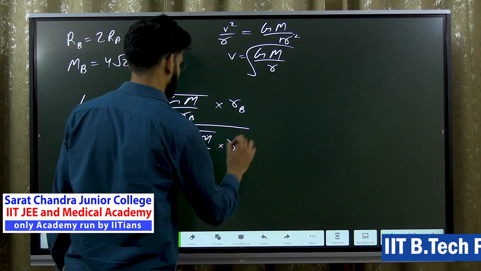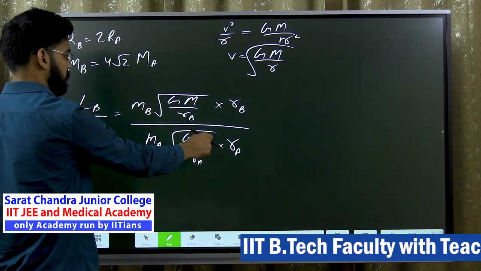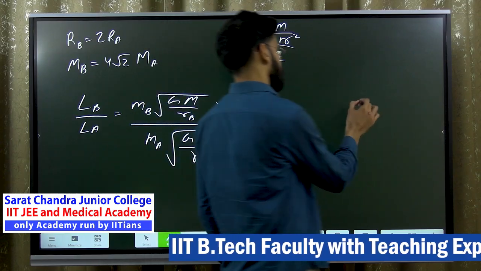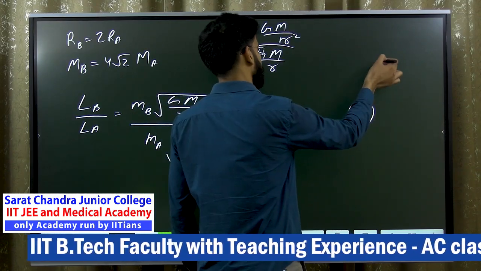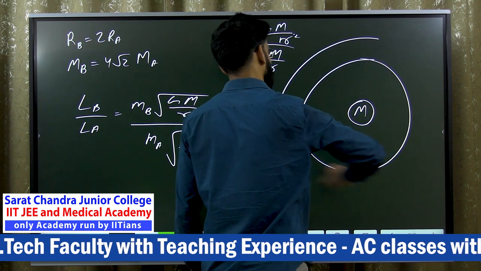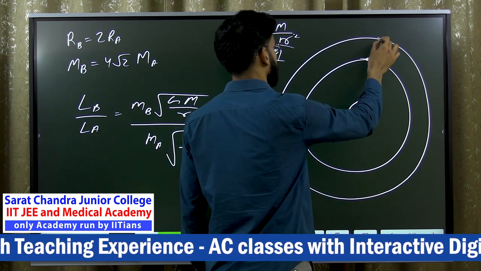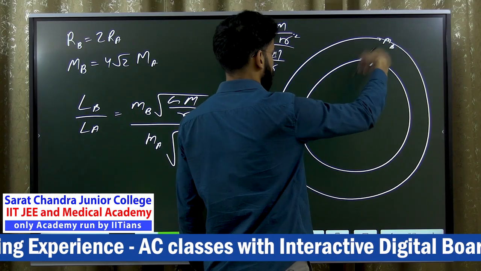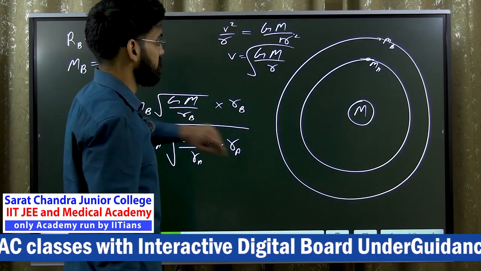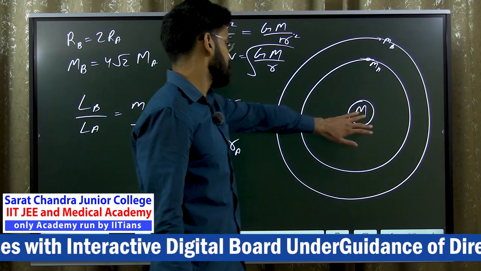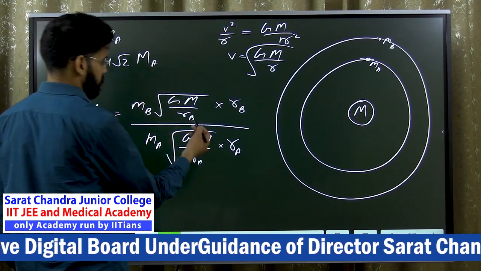So basically what is happening, there is a star with capital M mass, and there are two satellites, or you can say two planets revolving around it with masses MA and MB. There is a relation between the radii, and maybe A is bigger or B is bigger, I don't know. So capital M is the same, so what can I say here, that this got cancelled out.